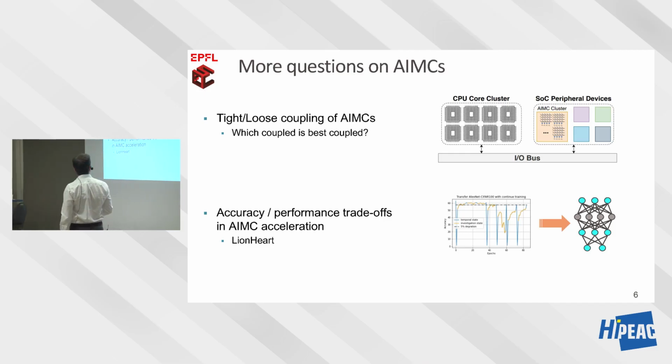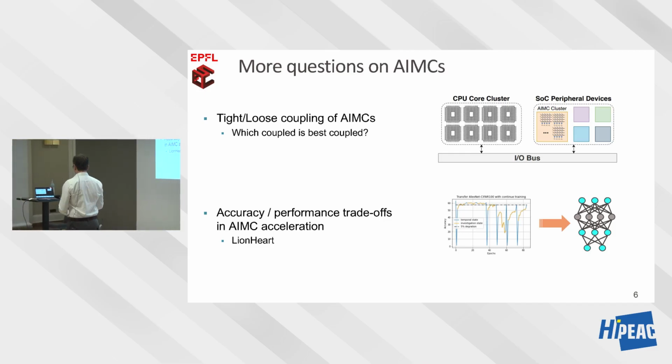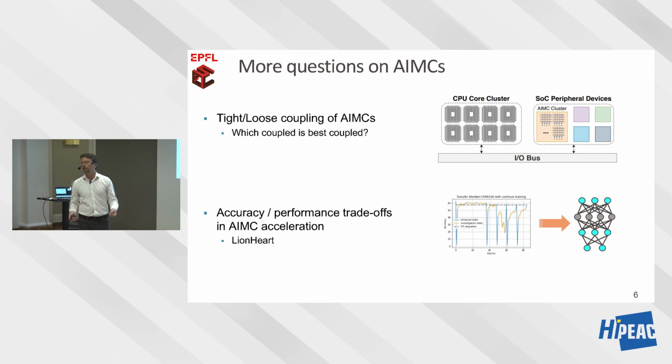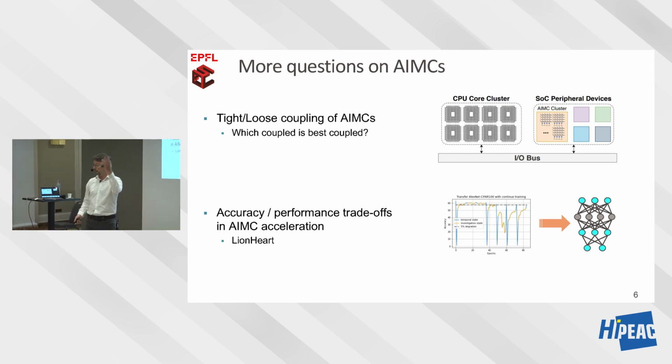The second question is, what is the accuracy performance trade-off? Because if we have an analog accelerator, we have all sources of noise coming in, something I discussed a couple of days ago, and we have to deal with them, and this will impact the actual quality of service which we will have.